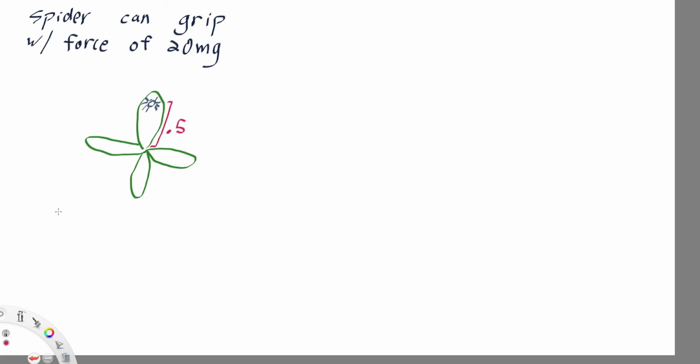However, your ceiling fan accelerates at a rate of, say, 0.25 radians per second squared. So, how long can that spider hold on?